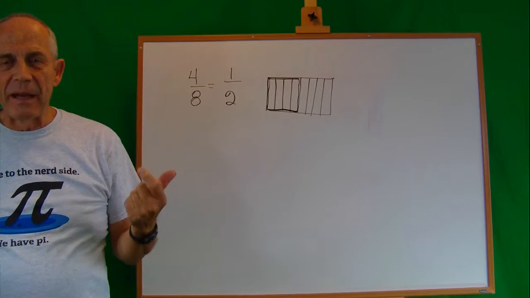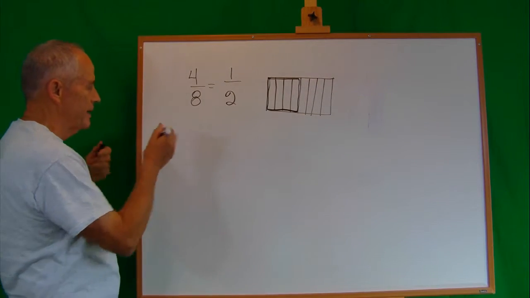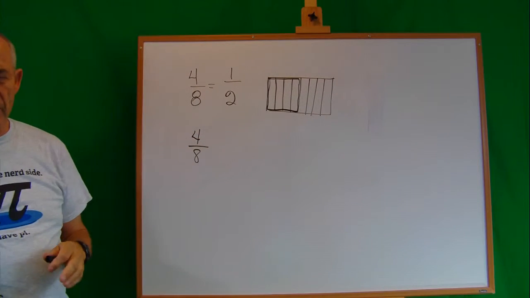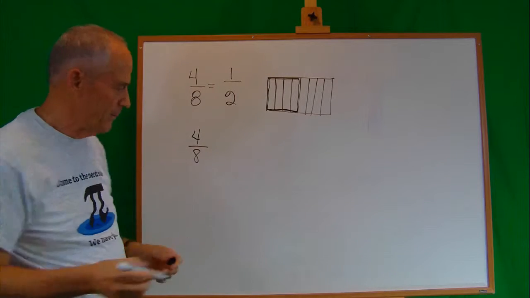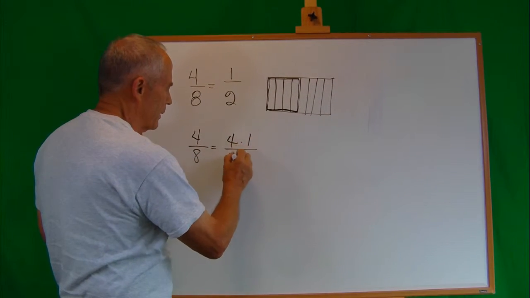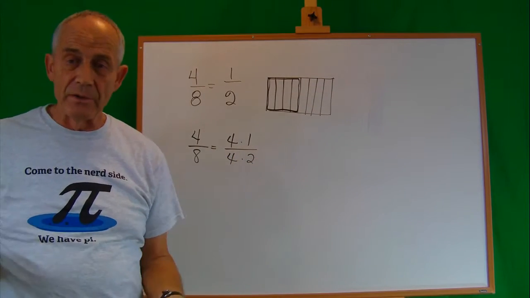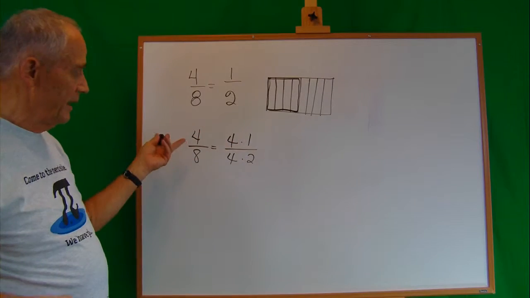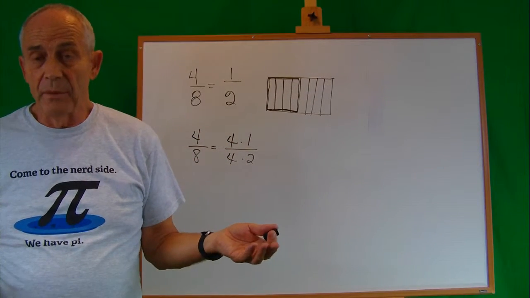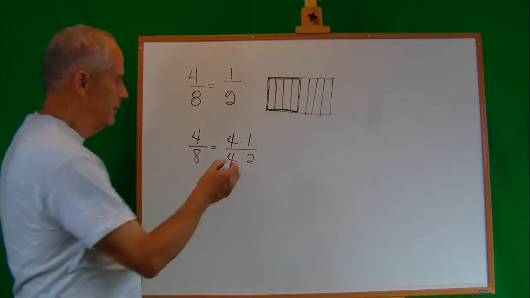Let's see mathematically why it is. So we take this 4/8. The first thing we're going to do is rewrite it a little bit differently. We're going to write this as 4 times 1 over 4 times 2. I didn't really change anything as far as the values go, because 4 times 1 is 4, and 4 times 2 is 8. I just wrote it a little bit differently. Now I'm going to take this and break it apart.